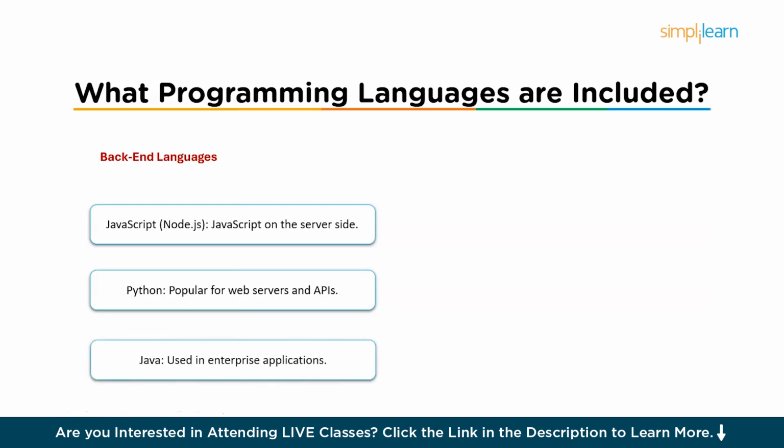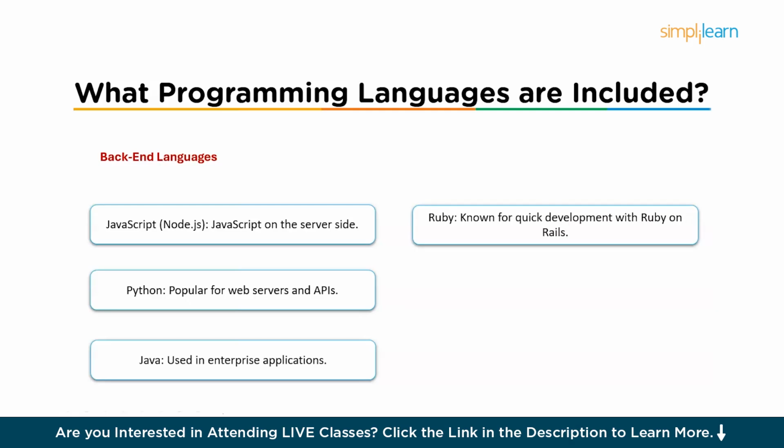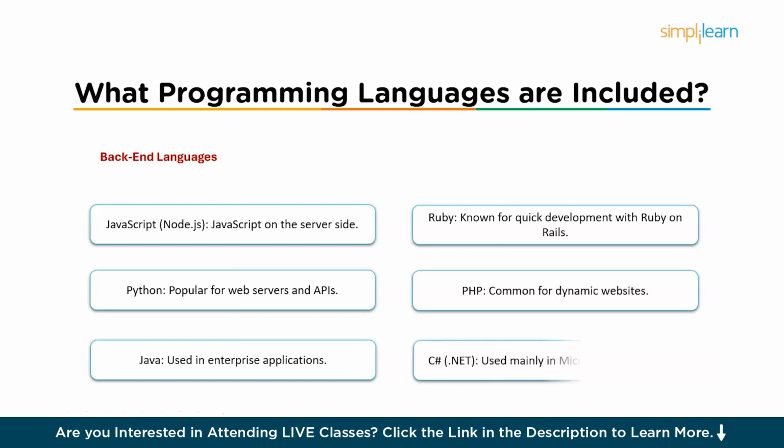Then we have Java, the all-time favorite, used in enterprise applications. It is well known for its security. Then we have Ruby, known for quick development with Ruby on Rails. And then we have PHP, which is very common for dynamic websites. And then we have C# or .NET, used mainly in Microsoft environments.